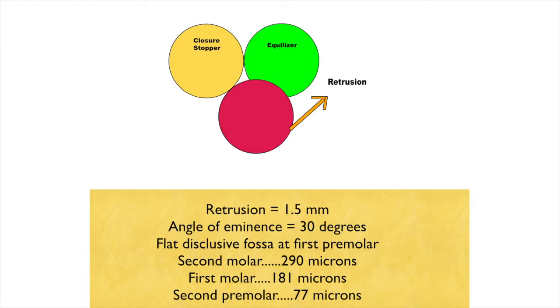To achieve full retrusion to centric relation, we will have to remove 290 microns from the second molar, 181 from the first molar, and 77 microns from the second premolar. This permits the retrusive rise to centric relation.